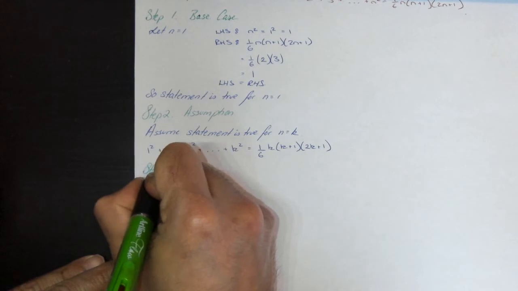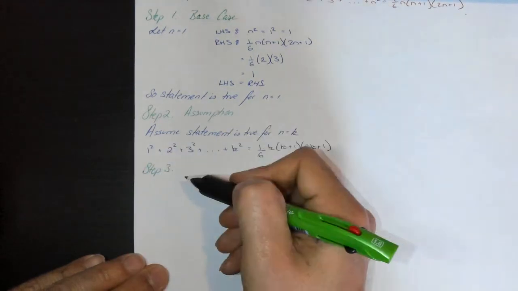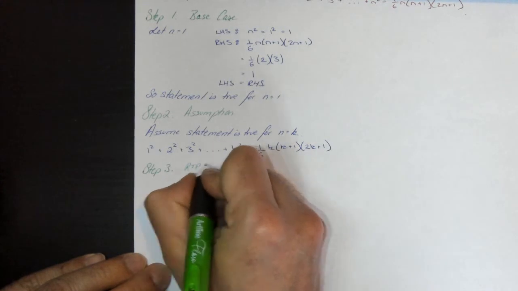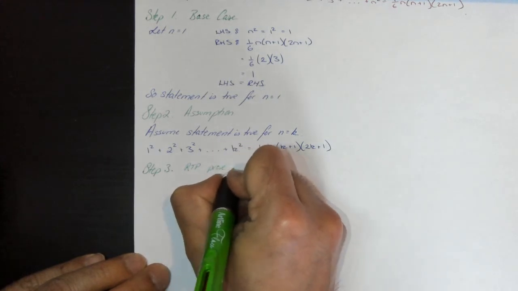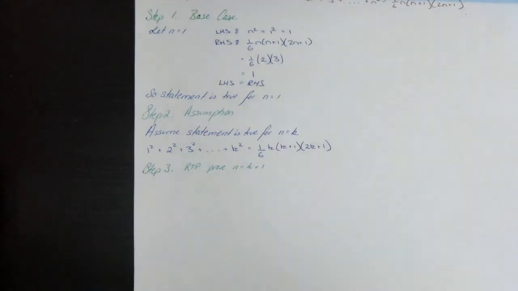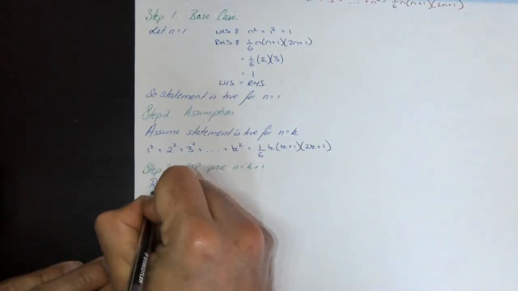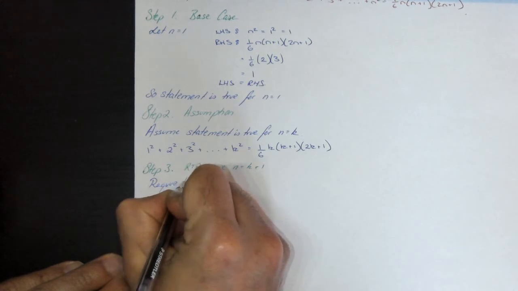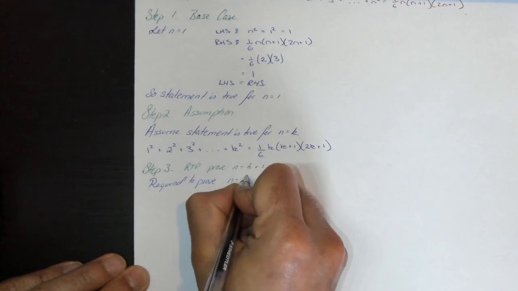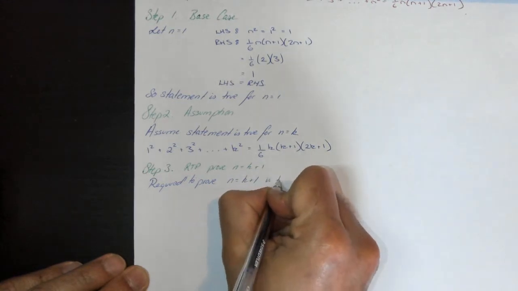Step 3. So remember that step 2 and step 3 are called the inductive step. We're required to prove n equals k plus 1 is true.